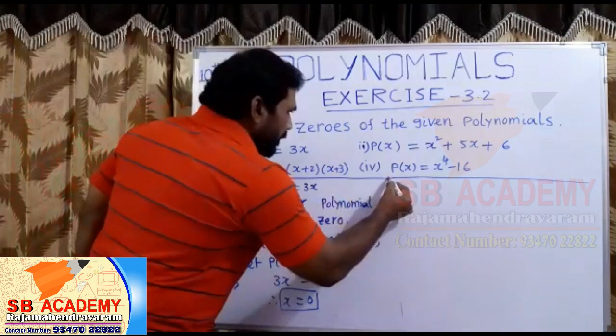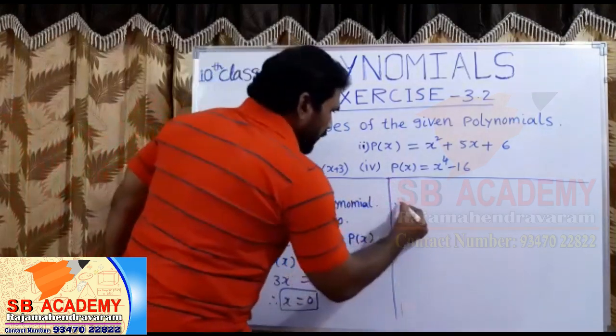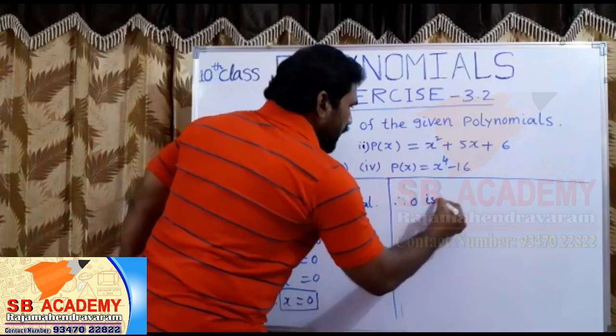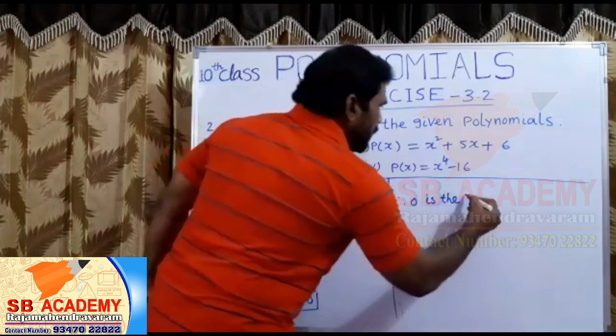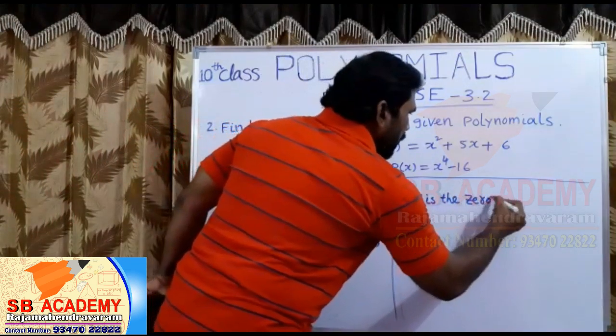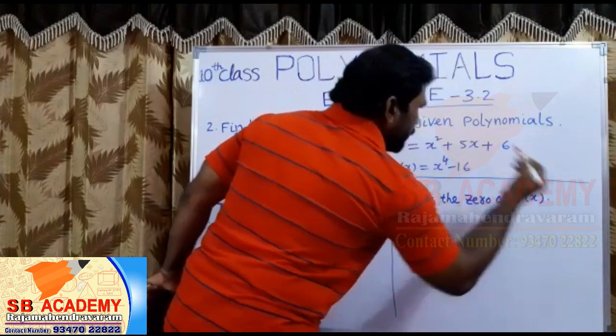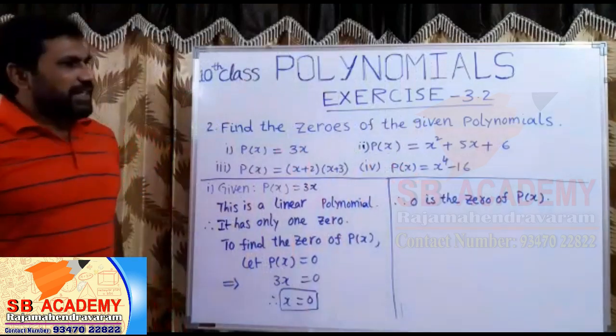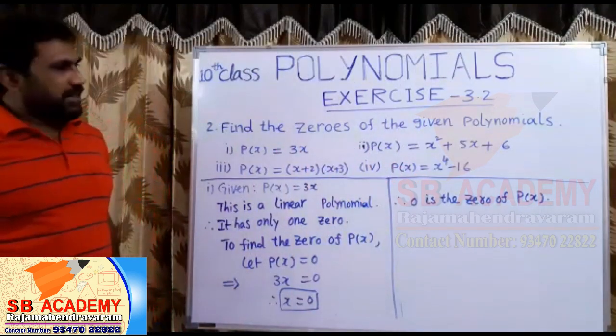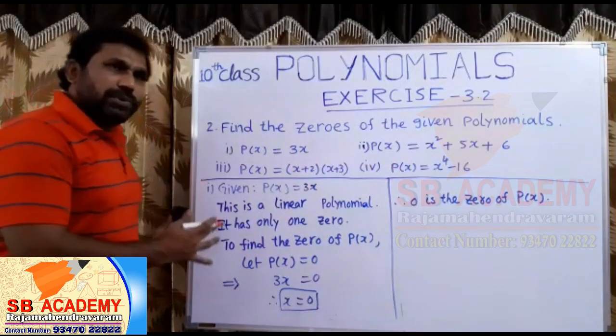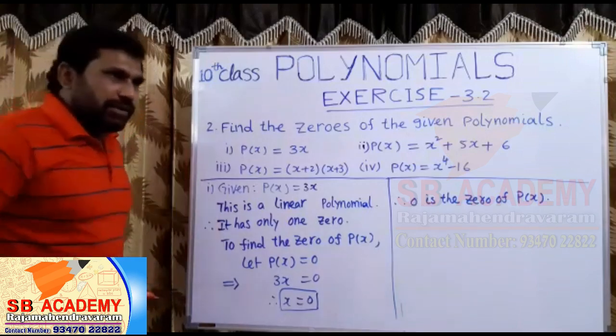Okay. Therefore, 0 is the zero of p of x. Right? 0 is the zero of p of x. Like that, we have to solve. Right? Write down in your notebook.